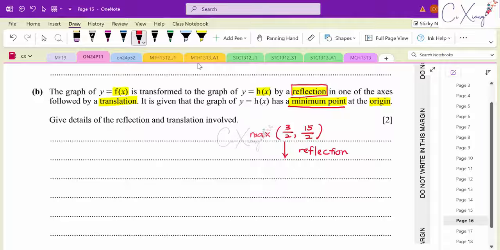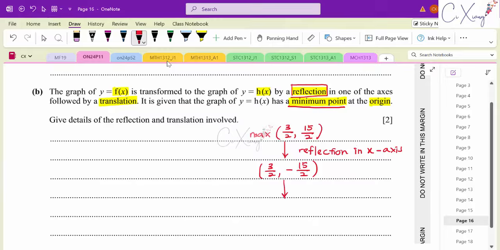So it should be a reflection in the x-axis, which means that originally, if you are having a graph like that, now you want to reflect it to become something like this. Maximum becomes minimum point, so you have to reflect it in the x-axis. When you reflect it, the positive value for y will become negative. And now you're having a minimum point at this coordinate.